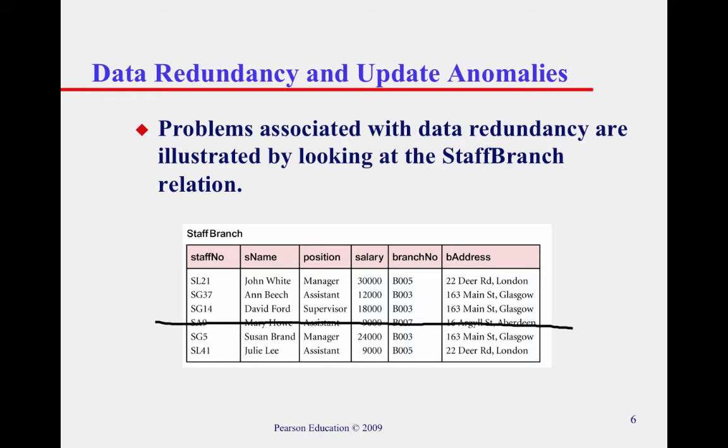The update anomaly is that you change a piece of redundant data, and if you don't change it everywhere, you'll have inconsistency. And the delete anomaly is that if you delete a tuple from the relation, you may inadvertently lose information about an entity.